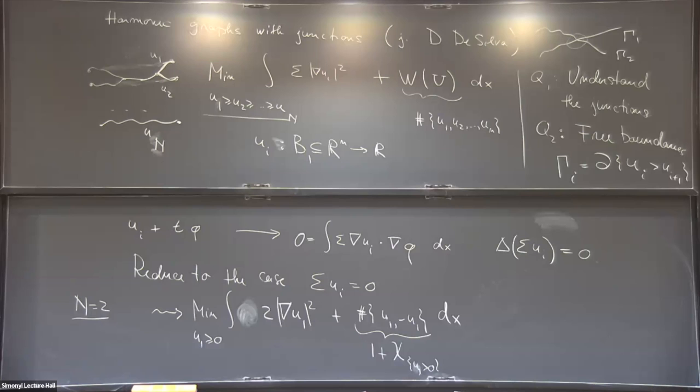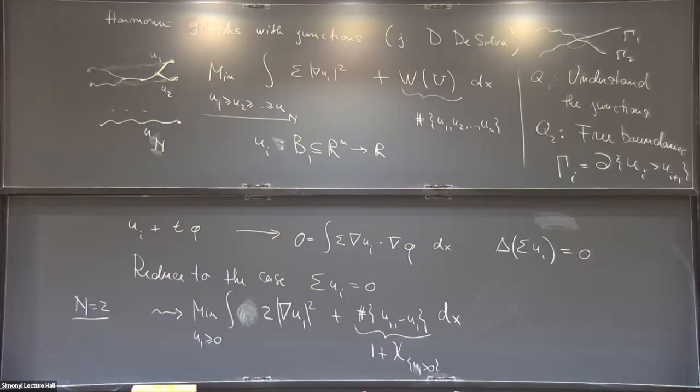And then what you expect to get is a function that is harmonic wherever it is positive, but also a region where it might be 0. Again, you can think of a membrane that is glued to a table that you pull apart. This is the part that is pulled up, and this is the region where it sticks to the table.